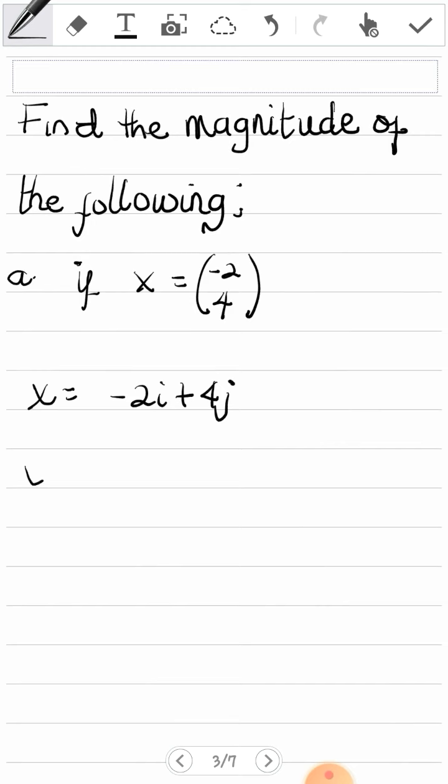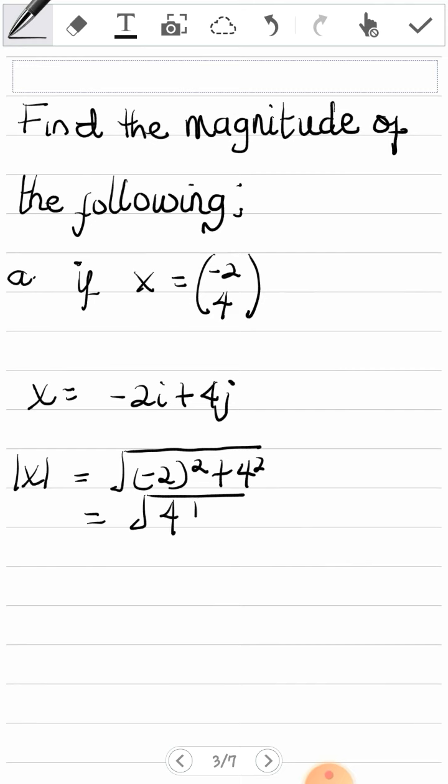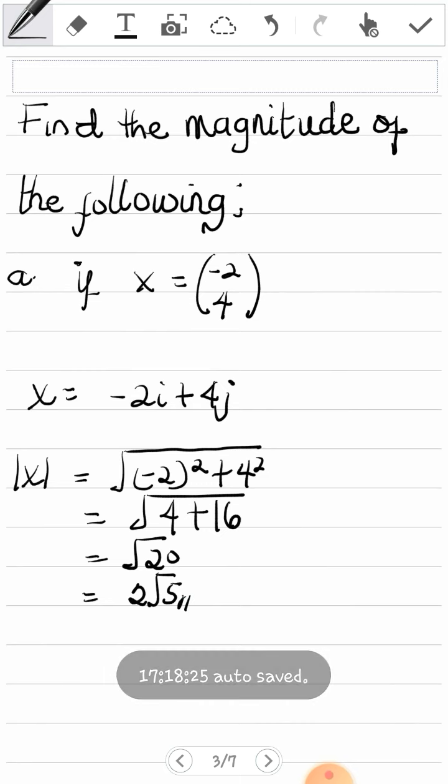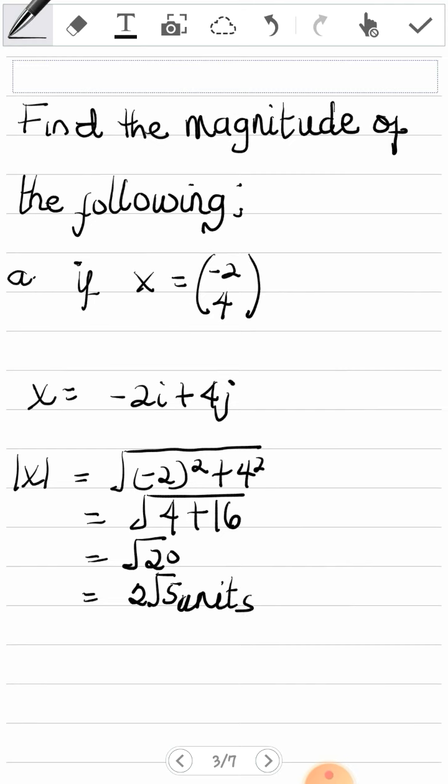Then put it in the absolute value sign. Okay, so this will be our answer.